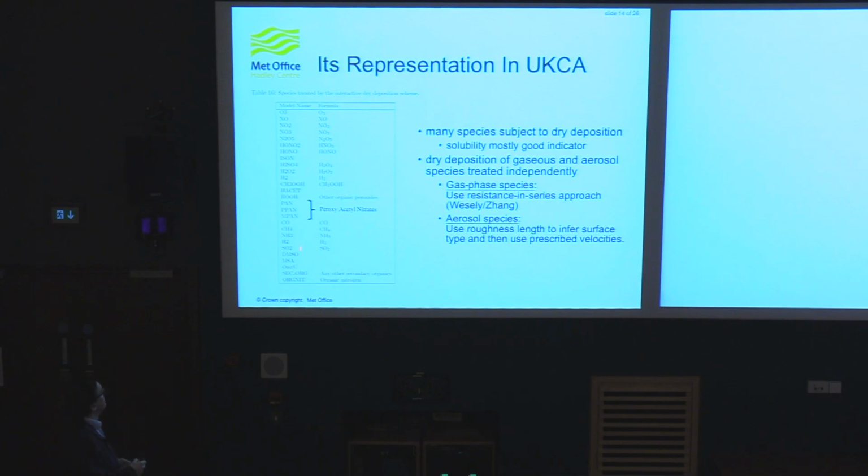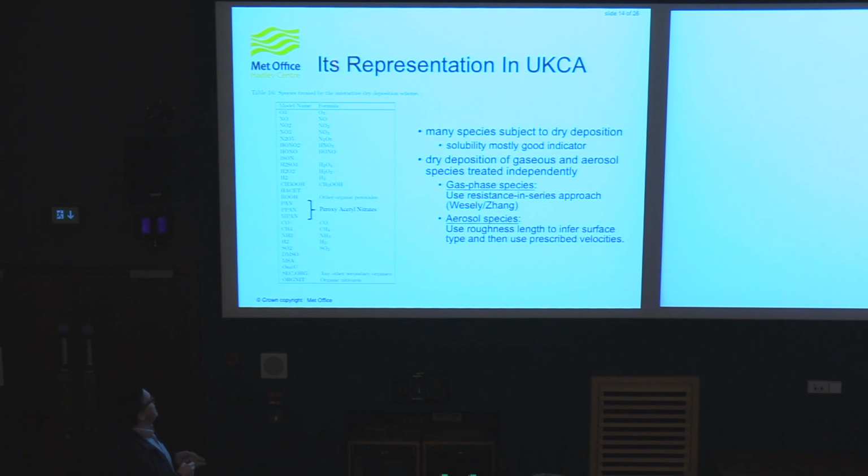This list here on the left-hand side is a list of the species in UKCA that are subject to dry deposition. So it means a lot of the chemical species in UKCA, and also I haven't put them up here because I'm an atmospheric chemistry modeler and I rarely look at the aerosol side of UKCA, but I shouldn't forget about it, because UKCA is an aerosol chemistry aerosol model.